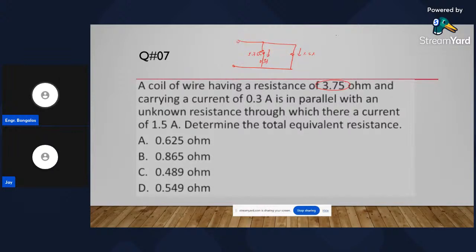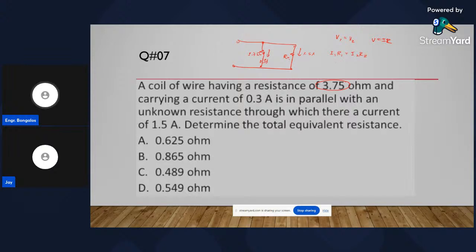So, alam natin na yung voltage dito, let's say V1, is equal siya kay voltage dito. Tama? So, therefore, pwede natin makuha yung resistance dito, yung R2. So, voltage is equal to IR. So, yung V1 natin, I1 R1 is equal to I2 R2.